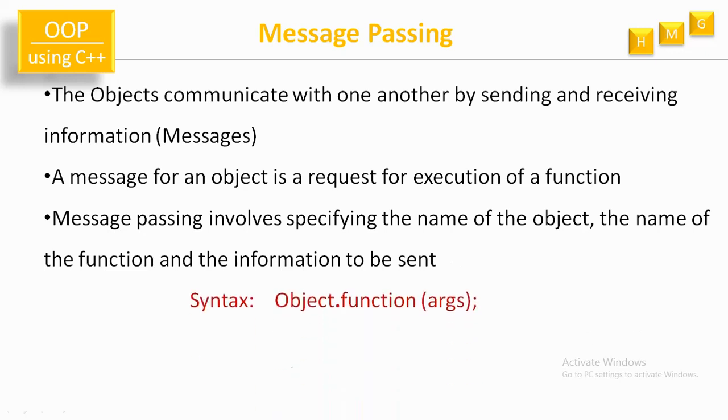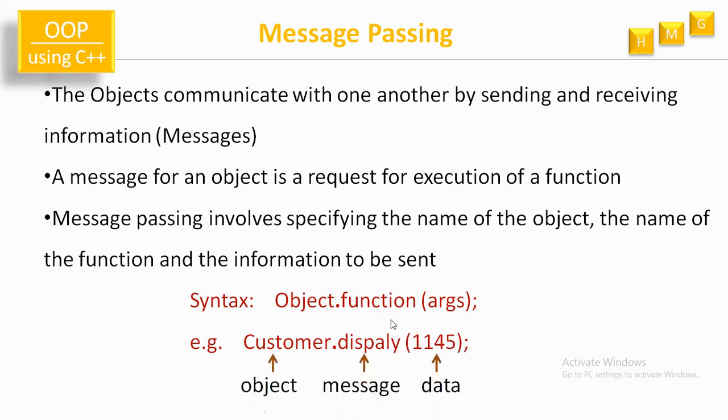This is the syntax of how an object calls a function. You have to write the object name, dot, function name, and in brackets the arguments. For example, customer.display(1145). So here customer is an object, display is a message, and 1145 is data.